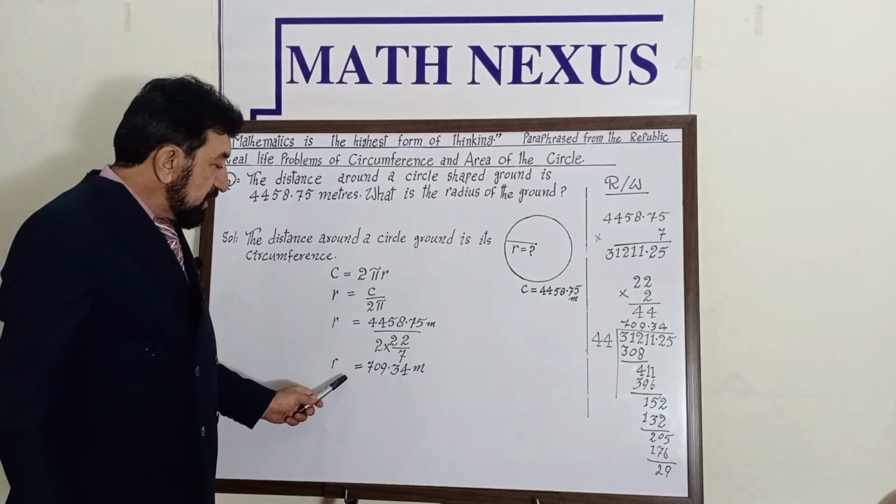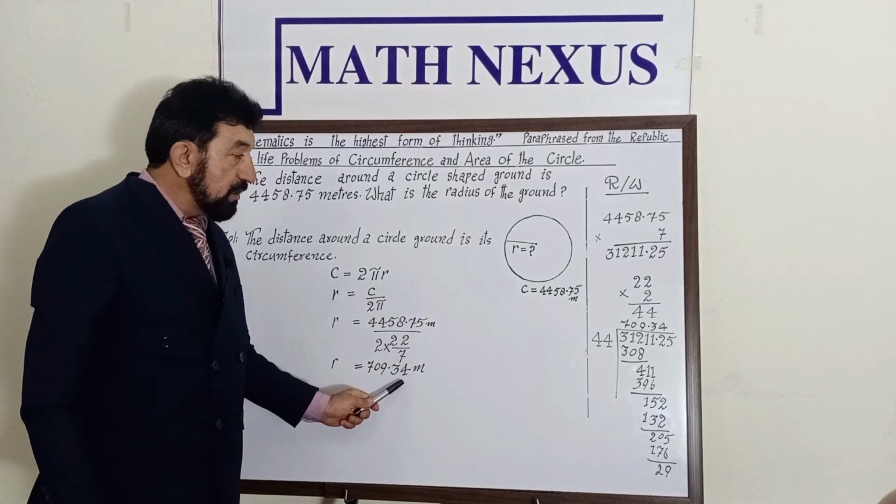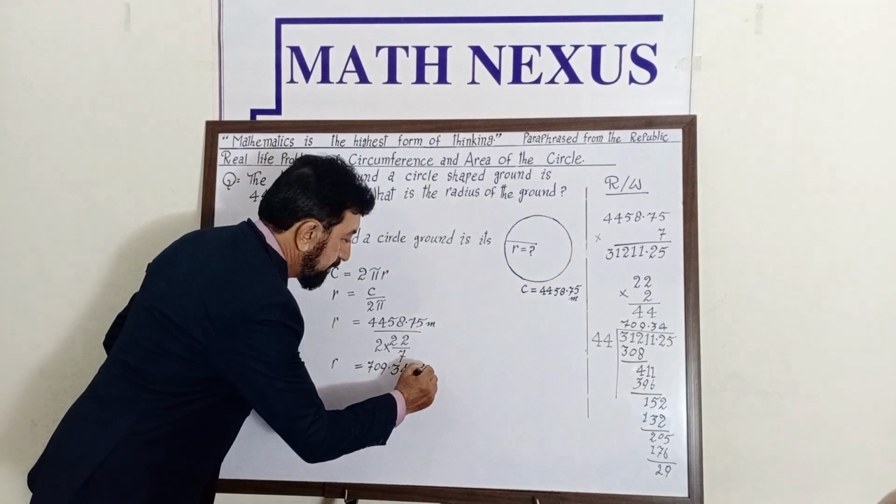It means that the radius of this circle is 709.34 meter. This is the answer of the question.